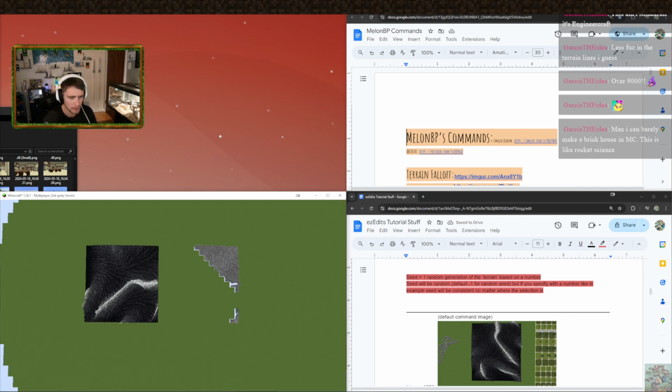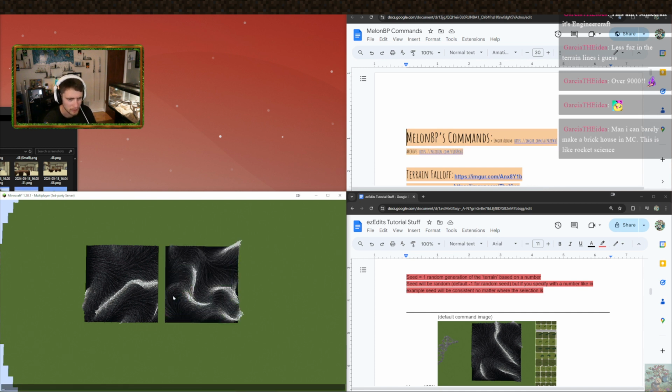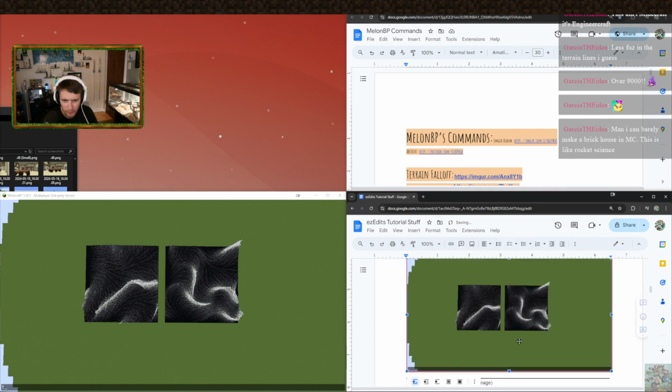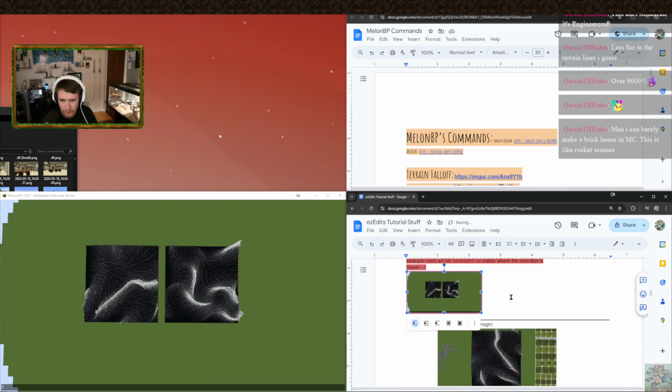Let me undo this, so we're back to the default command minus S, and let me put -1 just so that it's obvious that it's another seed. So let's go ahead, F2, and then I'm going to put seed equals negative and type -1, and then we're going to throw this here, and make that smaller just so that we know.